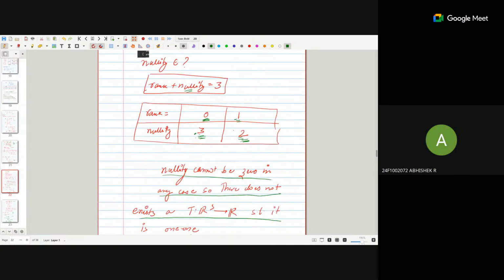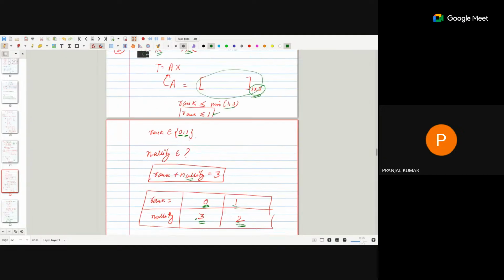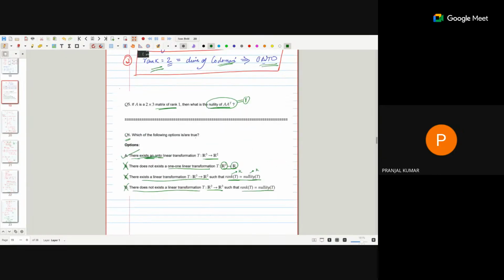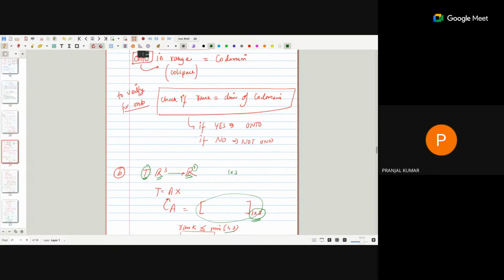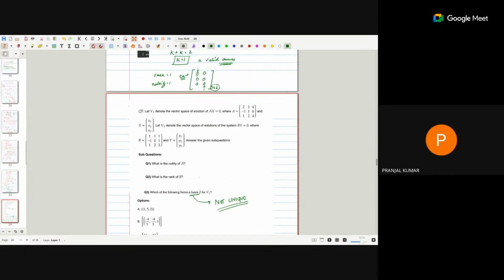So if nullity cannot be 0, then it is not 1-1. So 1-1 was a keyword here. So no such 1-1 transformation exists.